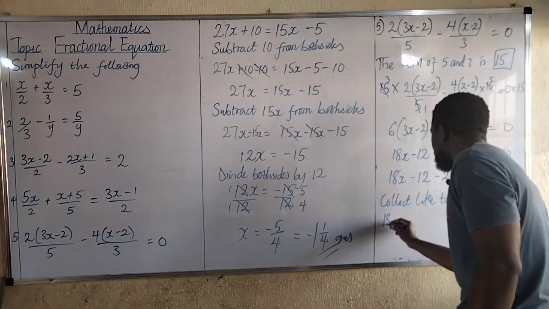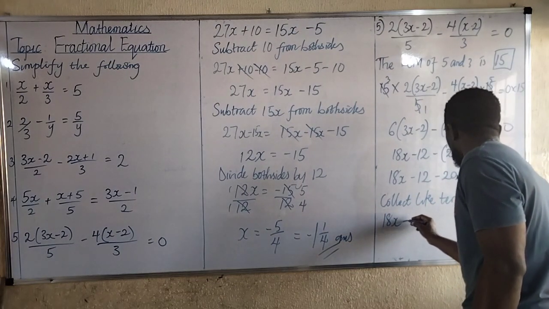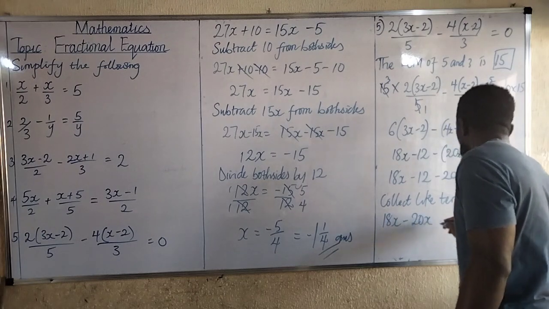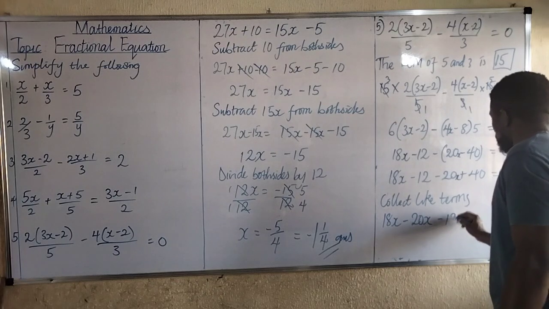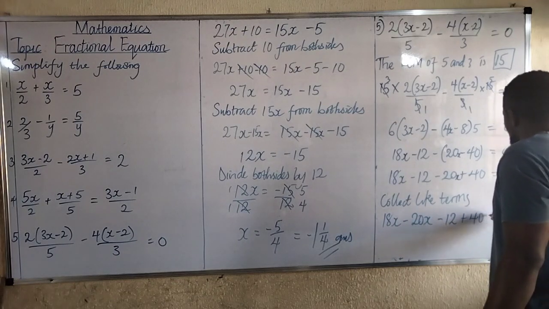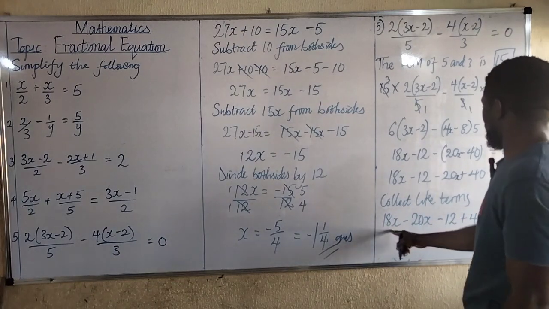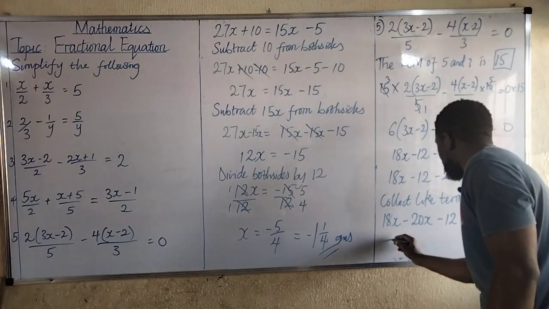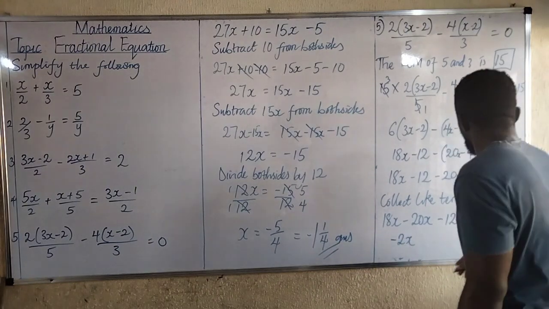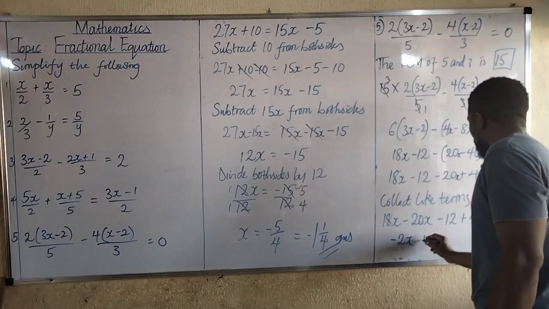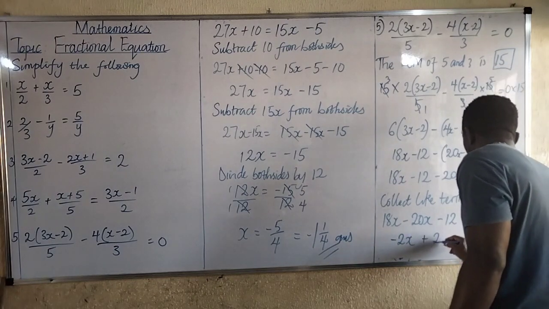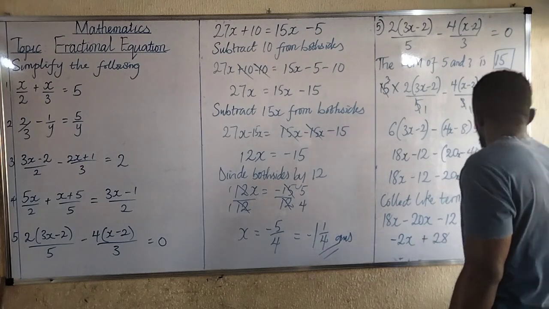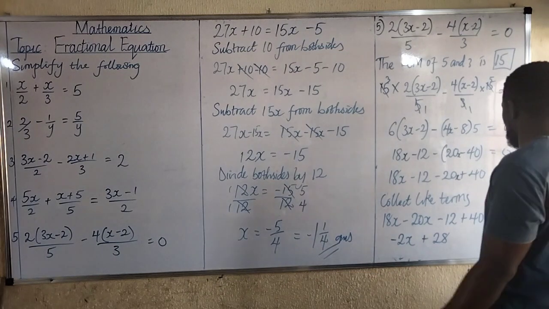Alright, this becomes 18x minus 20x, okay, minus 12 plus 40, all equal to 0. So 18 minus 20 is minus 2x. Okay, this will give me plus 28. Minus 12 plus 40 will give us 28.